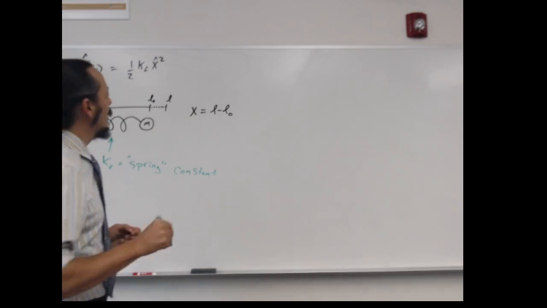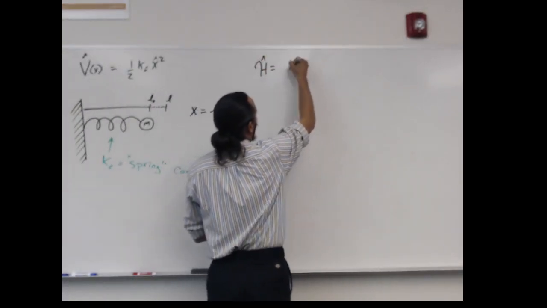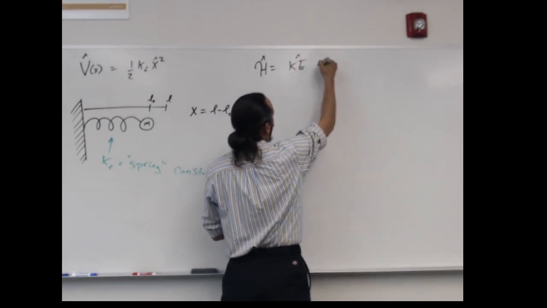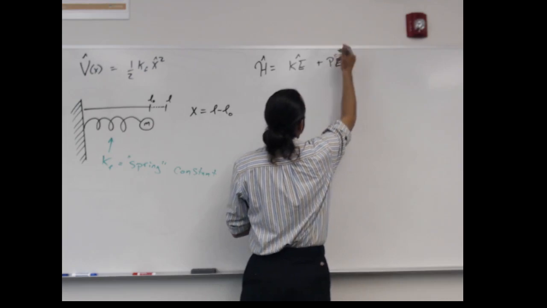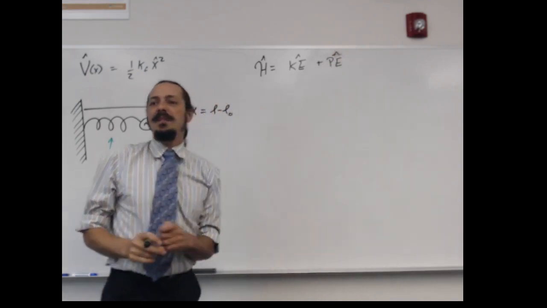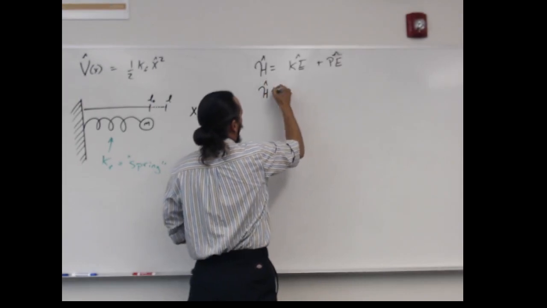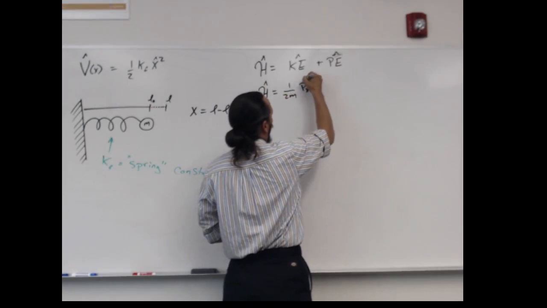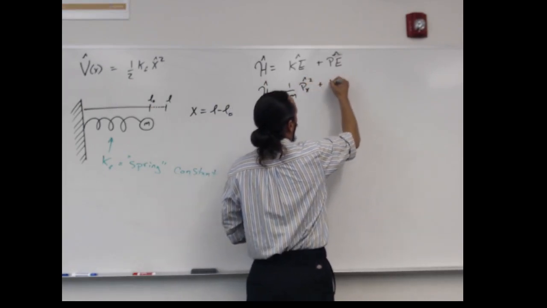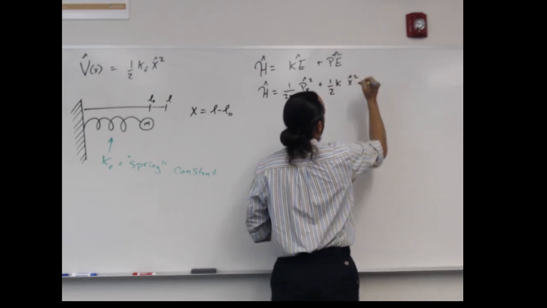Our Schrodinger equation, our total energy, which is the kinetic energy operator plus the potential energy operator, now actually has some potential energy term here. So our Hamiltonian ends up being (1/2m) p_x hat squared plus (1/2) k x hat squared.